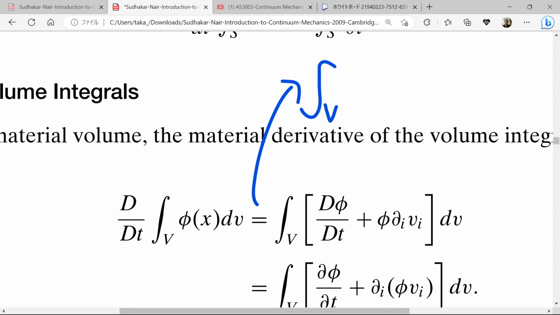It's a little bit strange, because this total derivative should also apply on the contour.